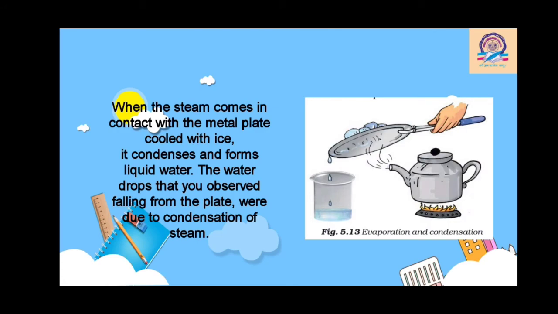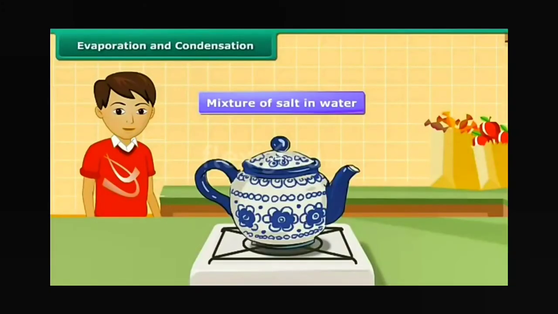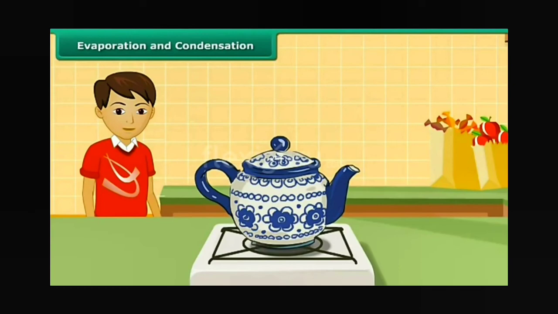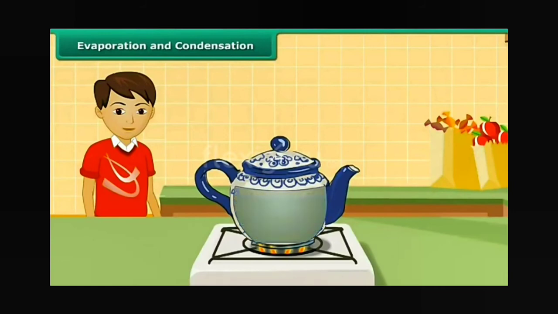Let's see. Now as you can see, I have taken a mixture of salt and water in a kettle. Now when I apply heat, this water gets converted into vapor. After some time, all the water gets evaporated and our salt remains in the kettle. So we can separate that salt from the kettle with the help of evaporation.